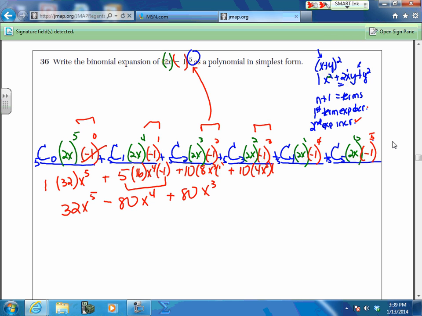But now you're going to get a negative 1, so this is going to give you a negative. 5c4 is the same as 5c1, and you get a positive. And 5c5 is the same as 5c0. That becomes a 1, and that becomes a negative. And there's your binomial expansion. Work one step at a time and work it in patterns.